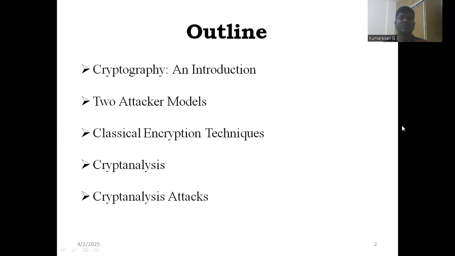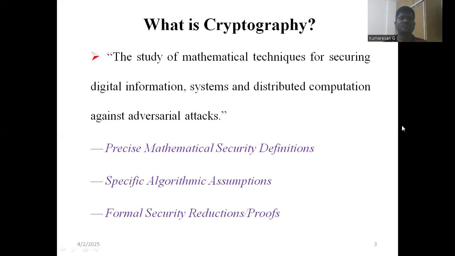Finally, we will see what attacks are possible and how we can identify these kinds of attacks with the help of cryptanalysis. So this is what we will discuss in the session.